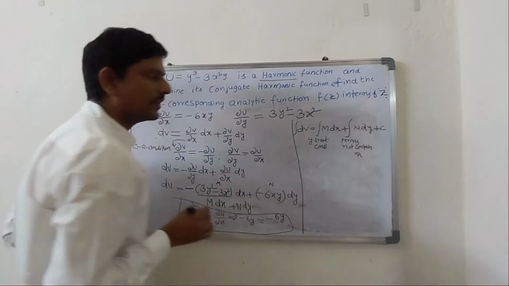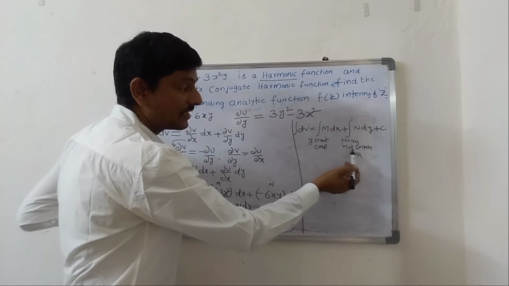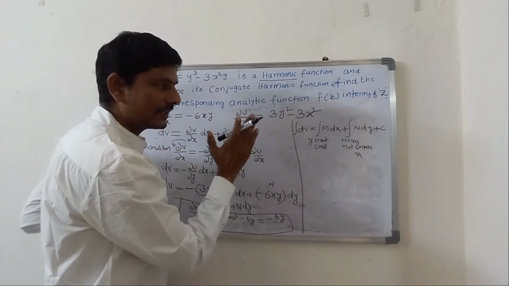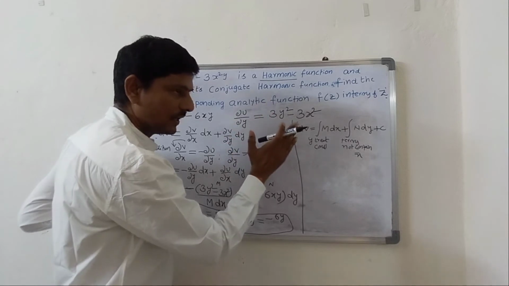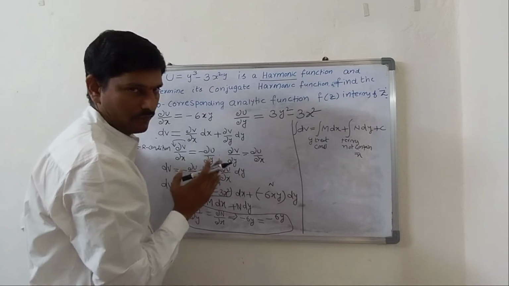After completion of integration you have to add the constant c. So it is the way of finding the solution for an exact differential equation. It is learnt in our M1 first year.